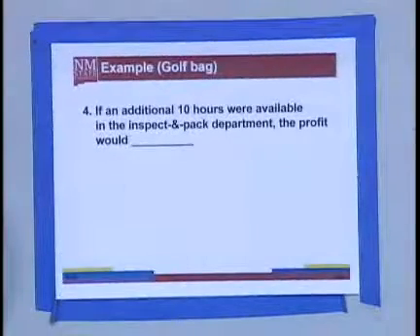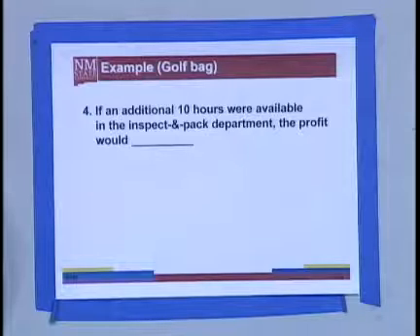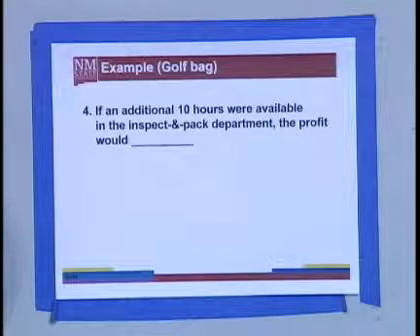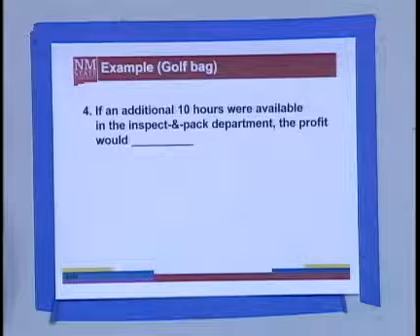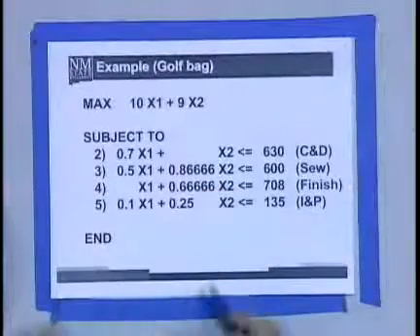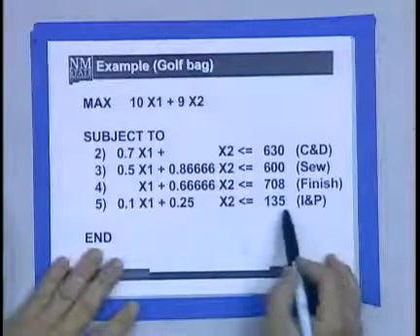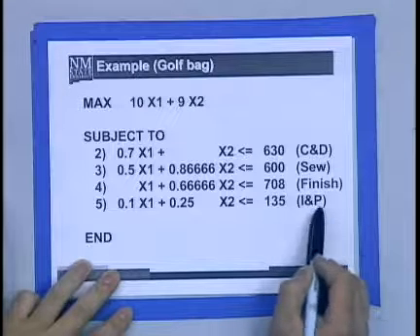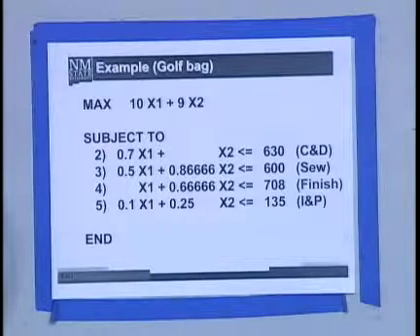Okay, what about number 4? If an additional 10 hours were available in the inspection and packing department, what happens to the profit? The plant manager knows 135 hours are available for inspection and packing during the next quarter, right?